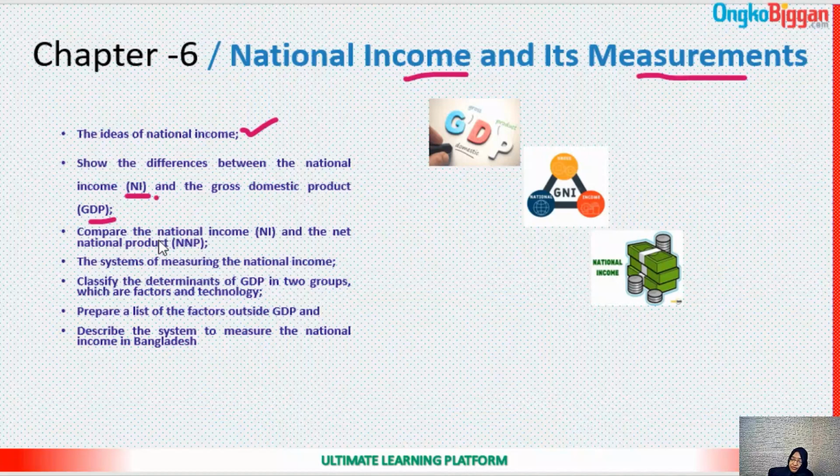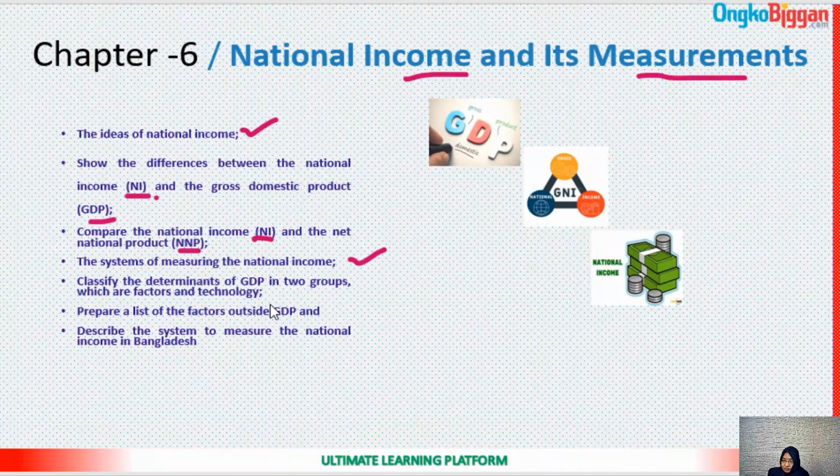And later we will compare national income and the net national product. N for net, N for national, and P for product: NNP, which is net national product. So we will learn to compare the national income and net national product, and the systems of measuring the national income. In which system can we measure the national income?